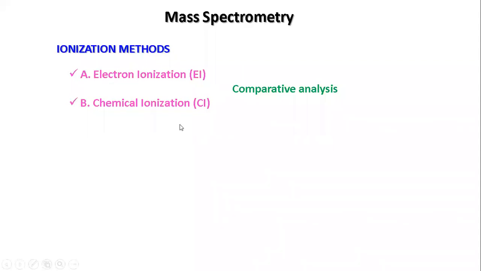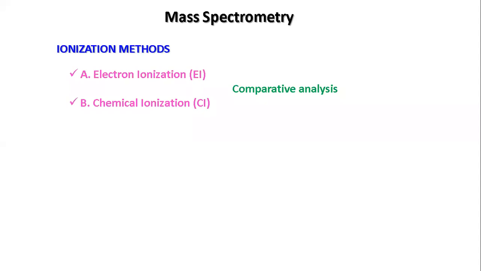So what we have seen is that in the chemical ionization technique, there is no such high energy transfer, so in most cases we find the molecular ion peak. But here the situation depends on what type of helping gas you are using. The interaction between the molecule and the gas is based on the proton affinity.